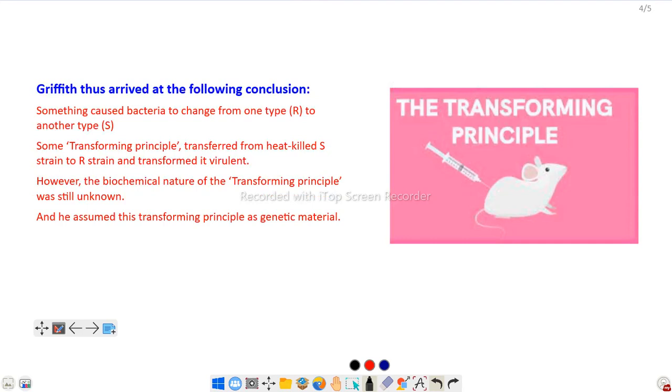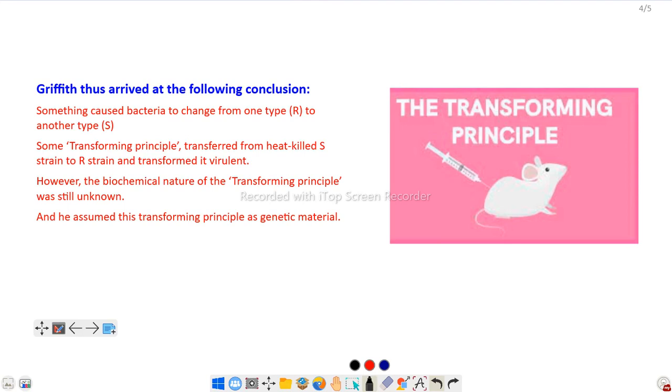From the experiment, he concluded that something caused bacteria to change from one type to another. That is, the R strain becomes the S strain, the avirulent becomes virulent.